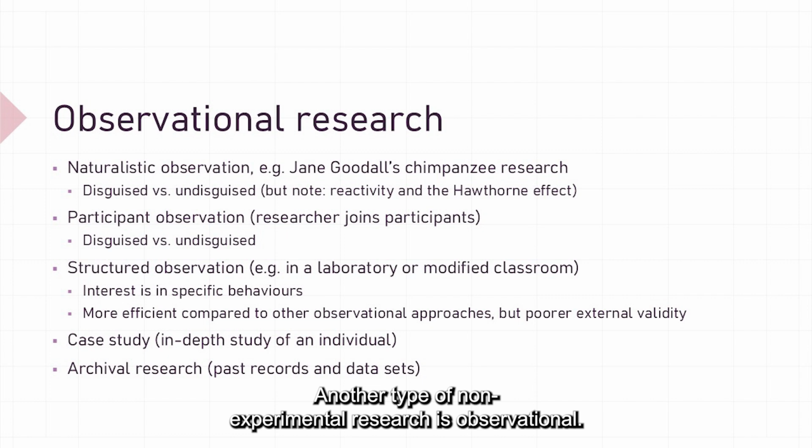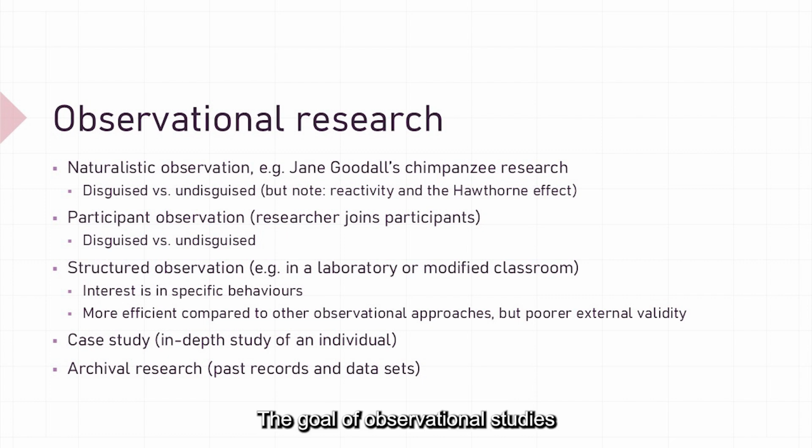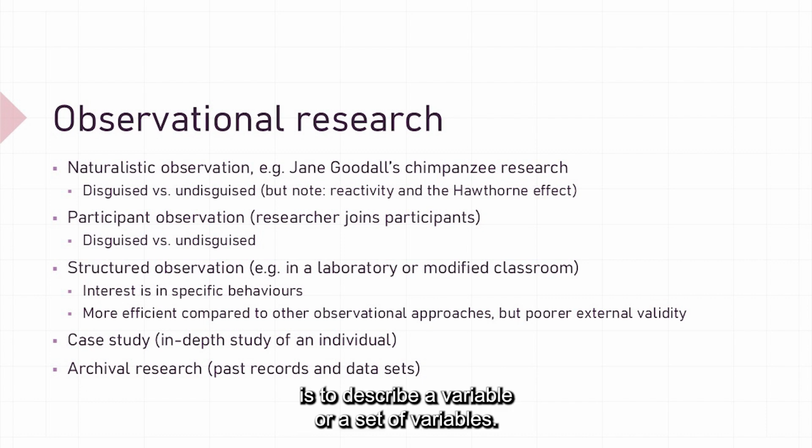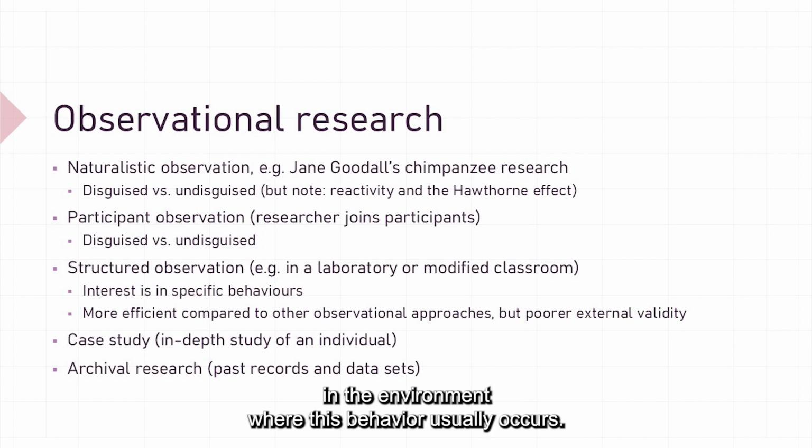A type of non-experimental research is observational research. The goal of an observational study is to describe a variable or a set of variables. One type of observational research is naturalistic observation. In this case, researchers observe people's behavior in the environment where this behavior usually occurs.